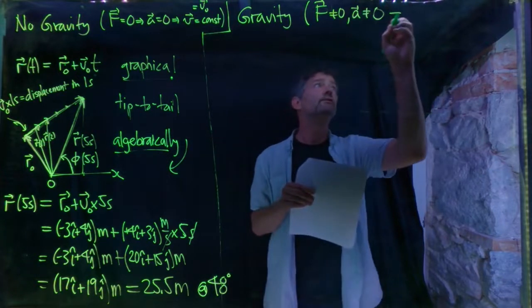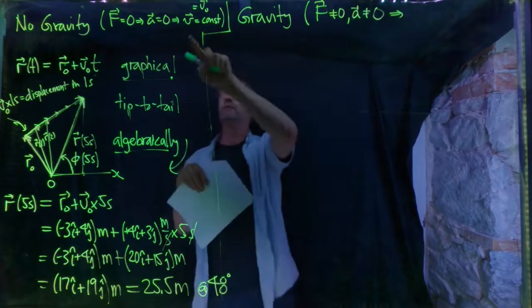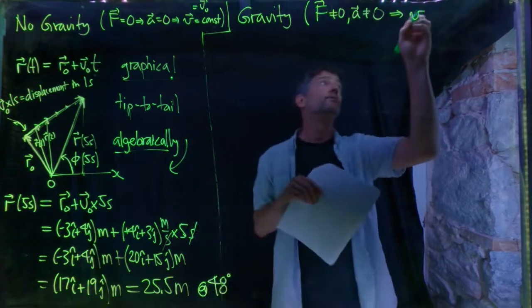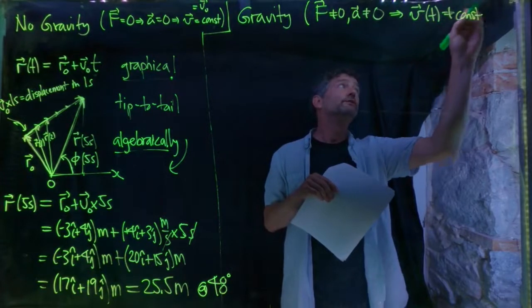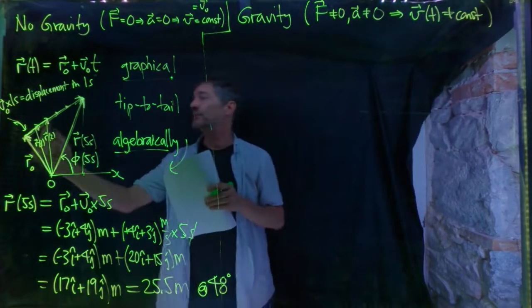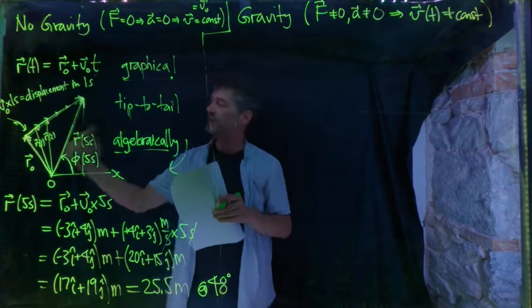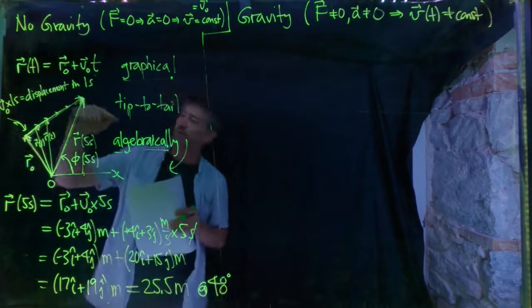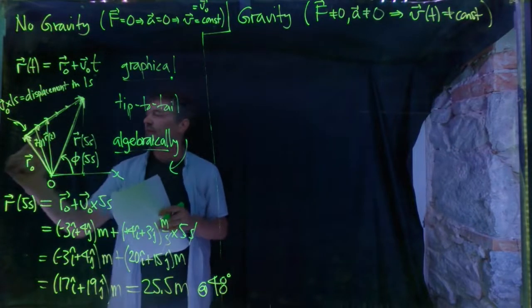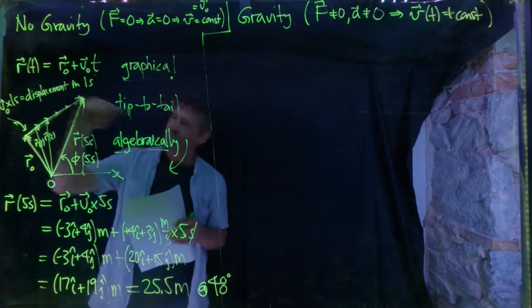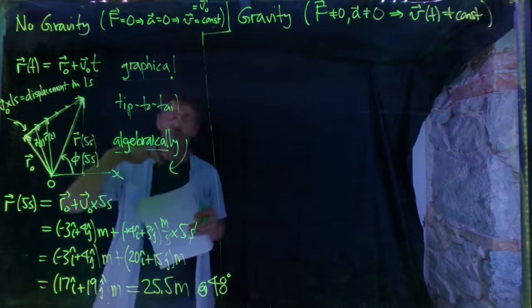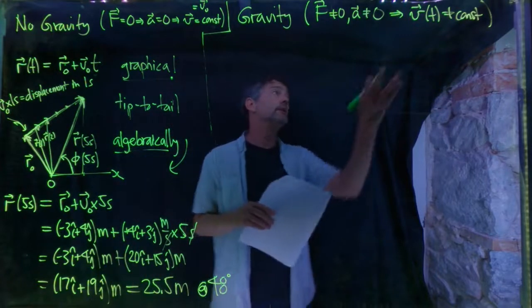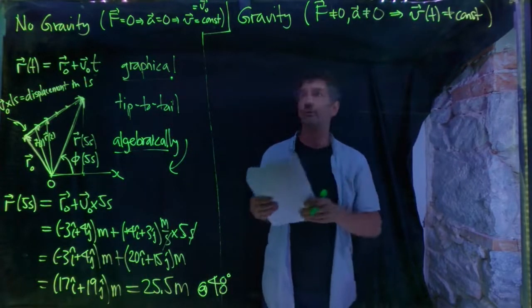So, unlike in this case where the velocity is constant, the velocity will be a function of time, which is not constant. Its initial value, of course, will be v0, but that velocity is going to change because obviously this guy's going to now bend over on a parabolic trajectory. The velocity is initially in this direction, then this direction, then this direction, then this direction. So not only is the direction of the velocity changing, also the magnitude of the velocity is changing, and so on. So the velocity vector, magnitude and direction, will be changing.